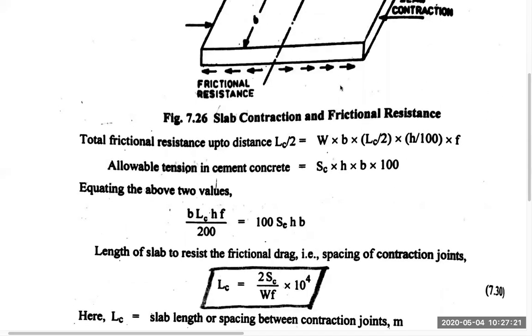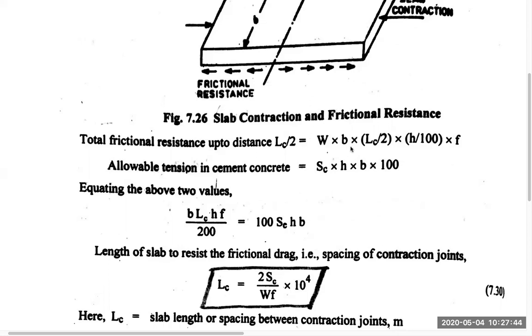Okay. So equating this, considering L by 2, these values will come. They have multiplied all these values: the width of the slab, thickness of the slab, and length of the slab, and unit weight of the slab, and what frictional resistance is occurring, they have considered that.